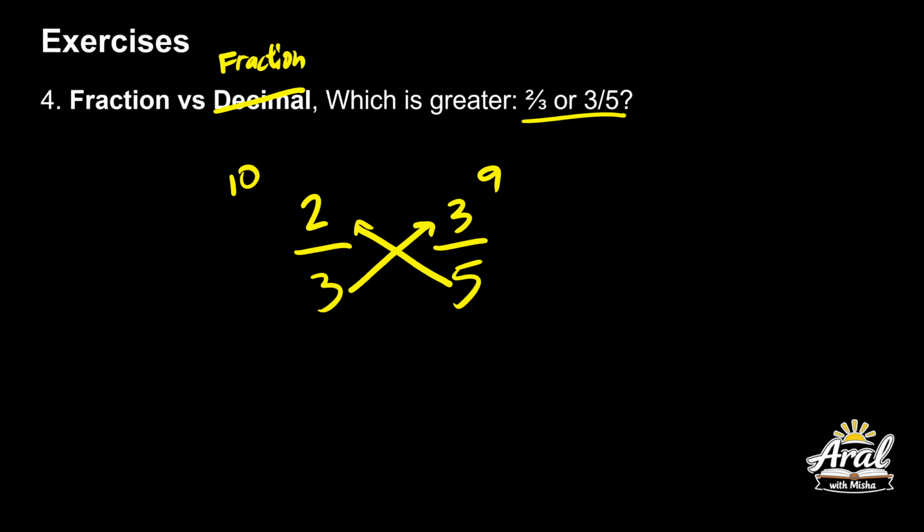So 10 is greater than 9. So 2/3 is actually greater than 3/5. So your answer is 2/3. Okay? Or one other solution for that is to get the decimal: 2 divided by 3 and 3 divided by 5.